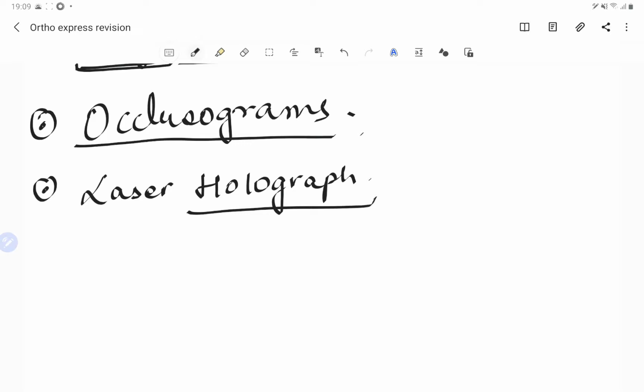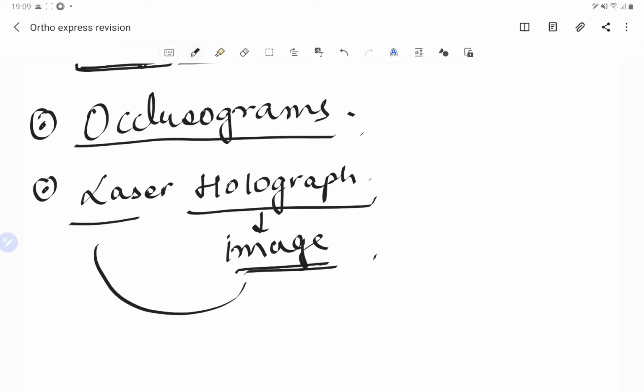A hologram is a three-dimensional image, and this image is recorded with the help of laser technology. Laser is light amplification by stimulated emission of radiation. So recording an image with a laser is what we call laser holography.